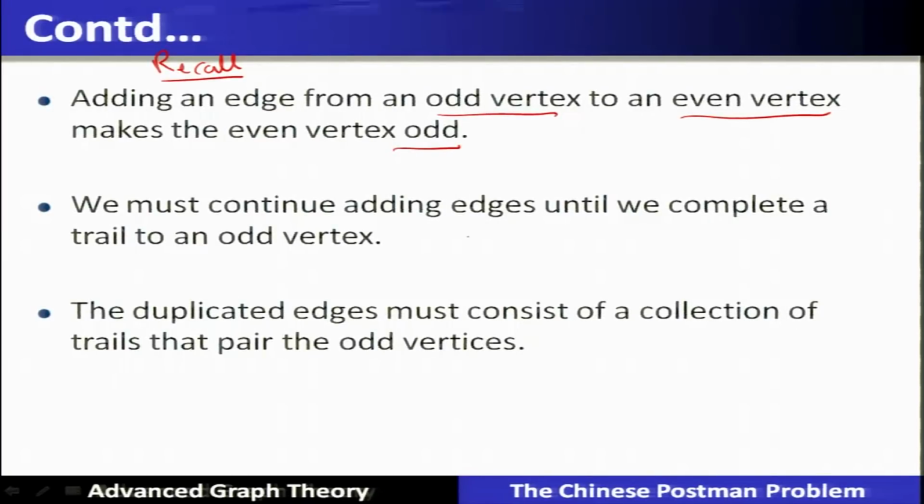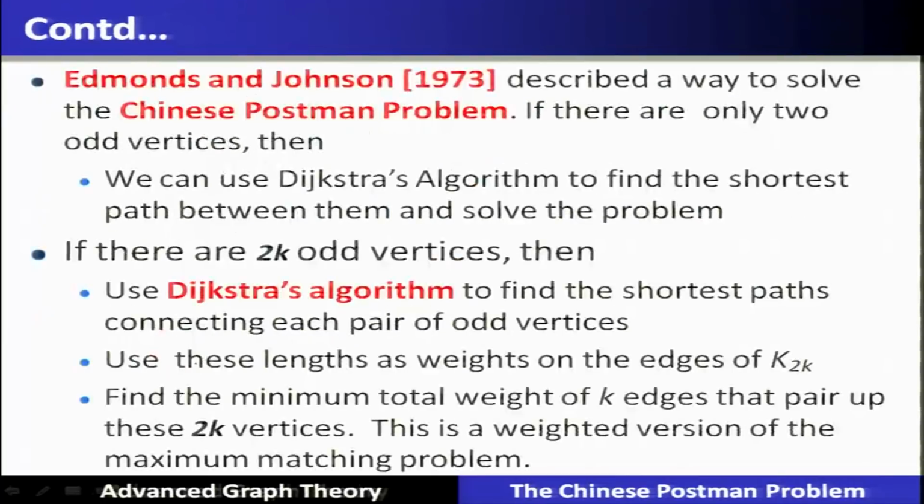We must continue adding edges until we complete the trail to an odd vertex, and when that process completes, all the vertices will become even. The duplicate edges must consist of a collection of trails that pair the odd vertices. Edmonds and Johnson in 1973 described a way to solve the Chinese Postman problem.